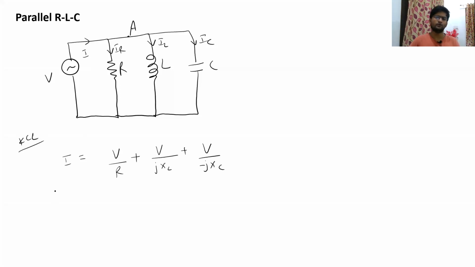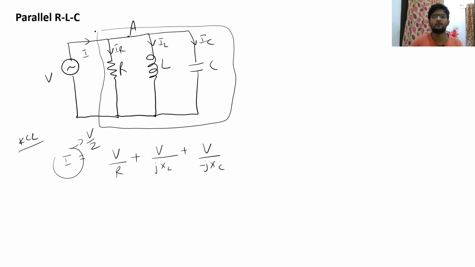So similar to the previous cases of RL and RC parallel circuits, we can directly write it, since this I is nothing but V upon Z, as this whole thing can be called Z.